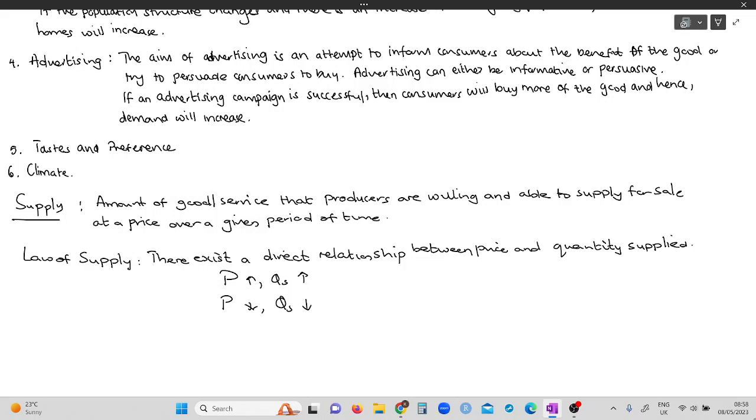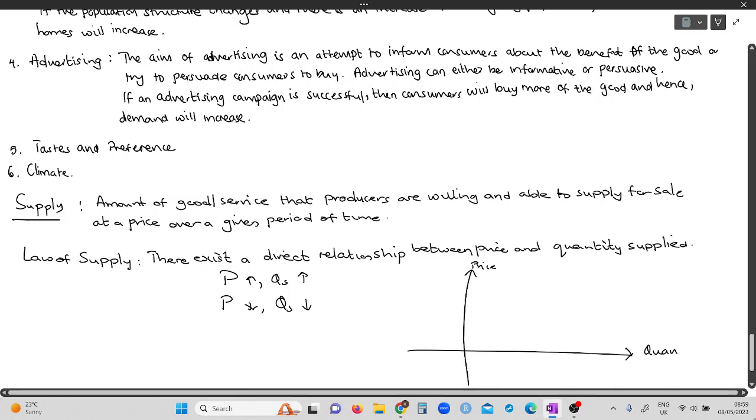Now, just like we have the demand schedule, we will also have the supply schedule. So the supply schedule will make us have an upward sloping supply curve. So the law of supply means that we have an upward sloping supply curve. So this is the price, this is the quantity, and here you have your upward sloping supply curve.